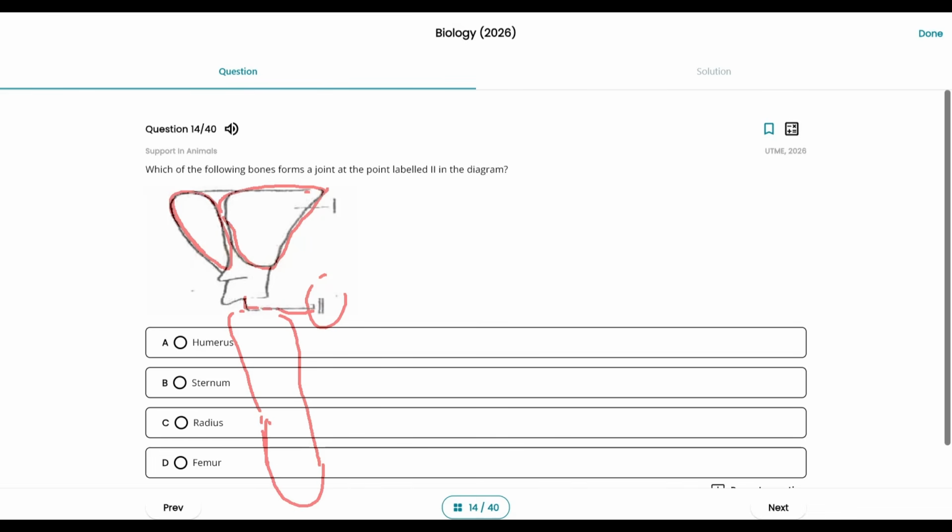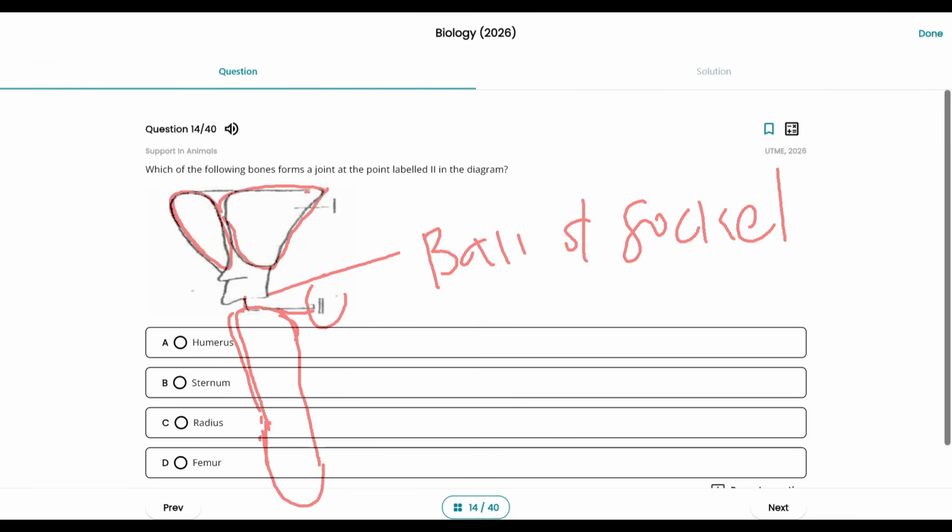The joint that is being formed, JAMB can ask, is a ball and socket joint. So you can take note of that. It is a ball and socket joint. Come, let me write this. Joint.